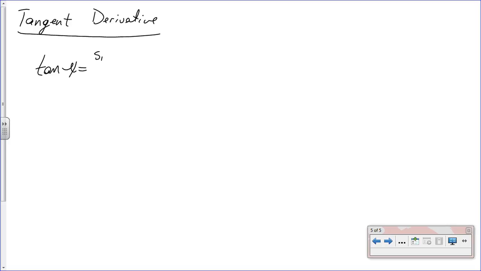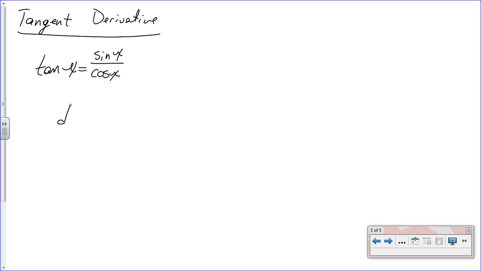Now let's look at the derivative of tangent. All right, we know that the tangent of x equals sine x over cosine x, and that's actually what we're going to use to solve this problem.